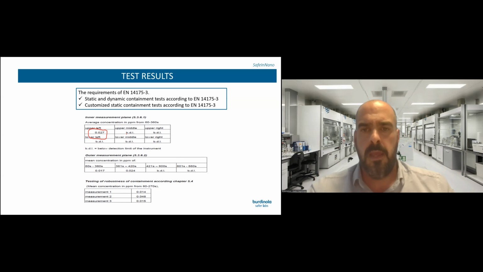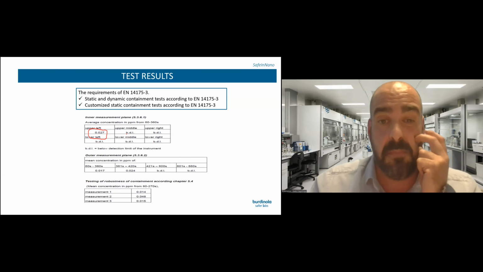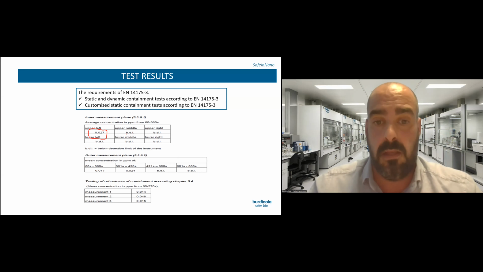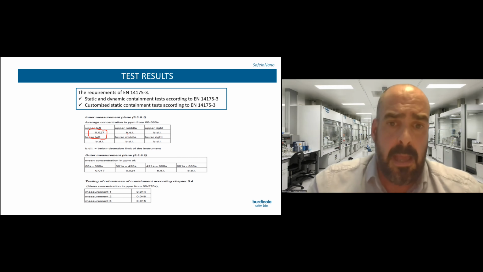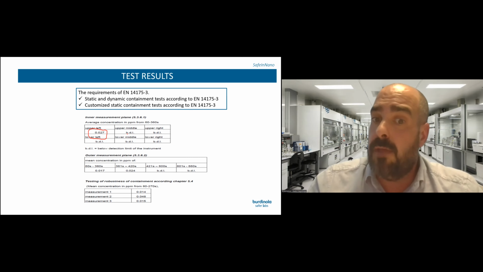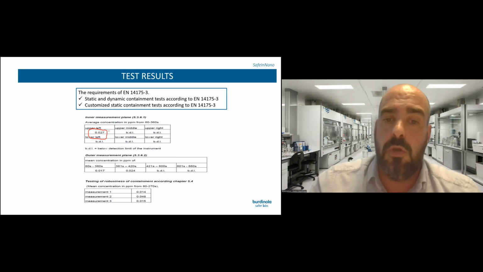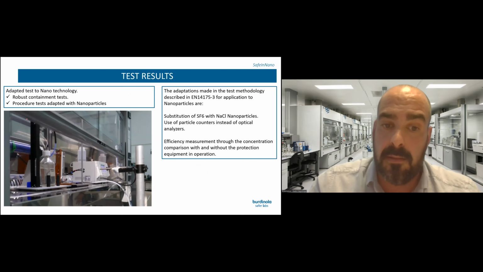But this is, as I have said before, the test that is usually performed on a fume hood. But in terms of equipment used for nanoparticles, this test is more meaningful.